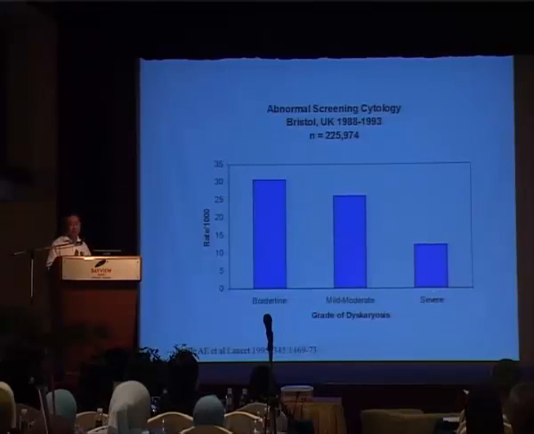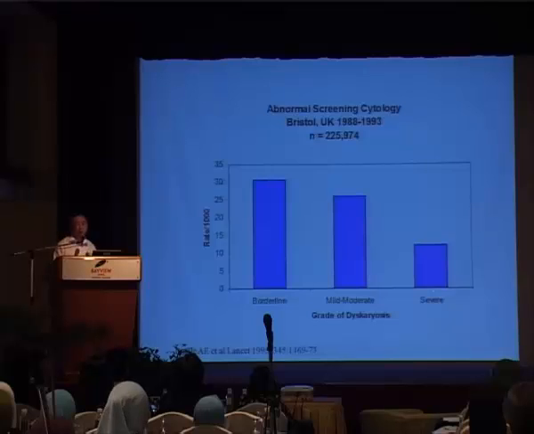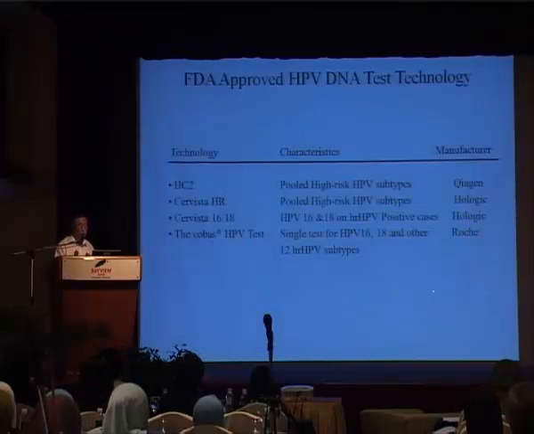But they are not to be dismissed because there is a certain proportion of them, a significant number of them, who would have high-grade lesion on the cervix despite mild cytological abnormalities. And that is where the challenge is. Which of this large group of women with mild cytological abnormalities actually harbors a CIN2 plus lesion that we should find out and work with?